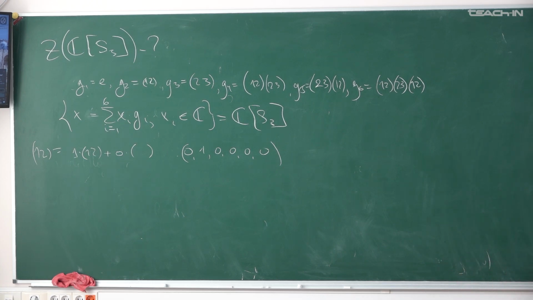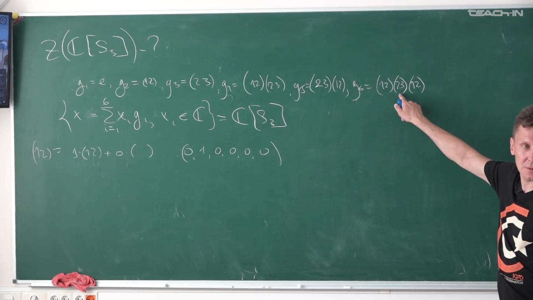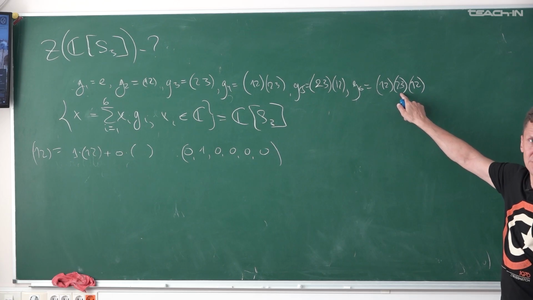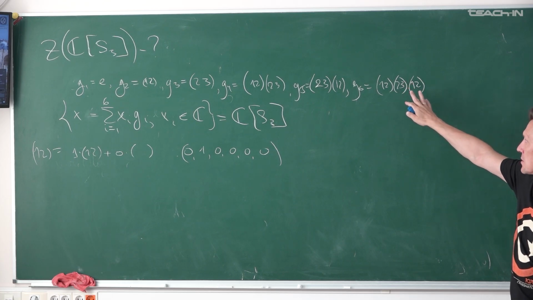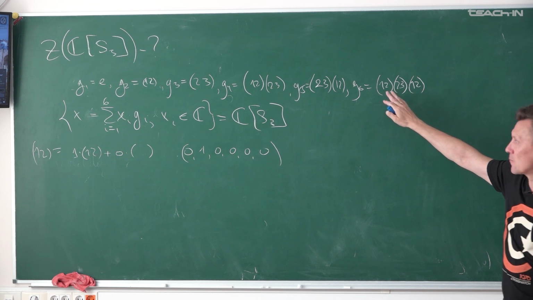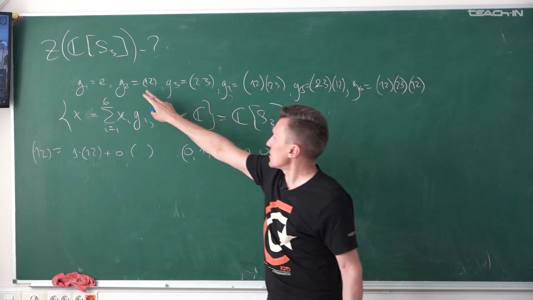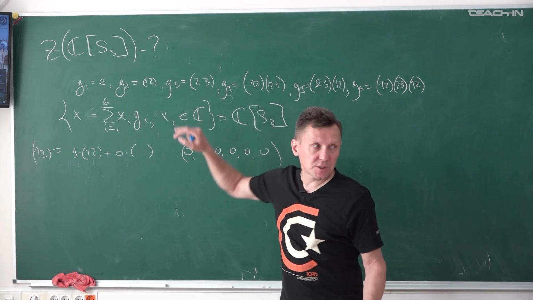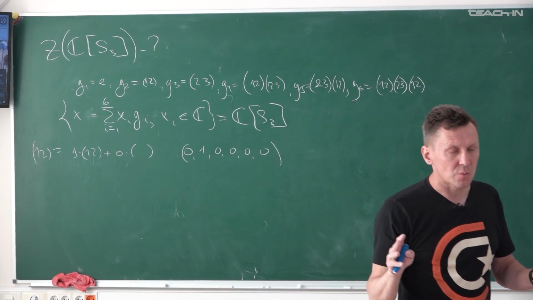Do you understand? Where is (1 3)? Okay, (1 3) is this element. But in some sense it's better to represent it in terms of the set of generators. These two transpositions generate the whole symmetric group.